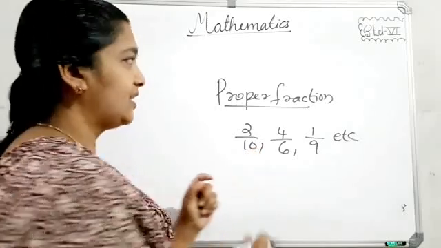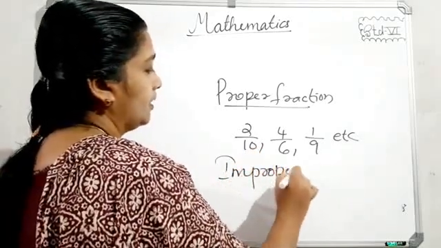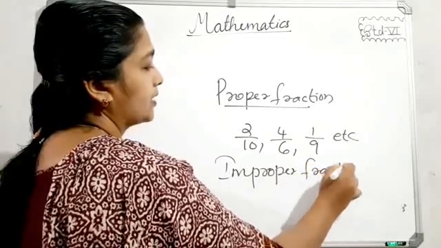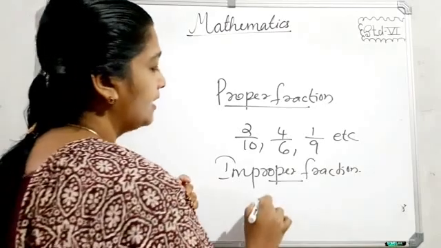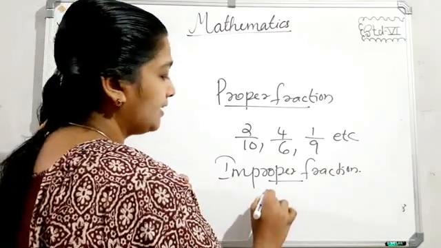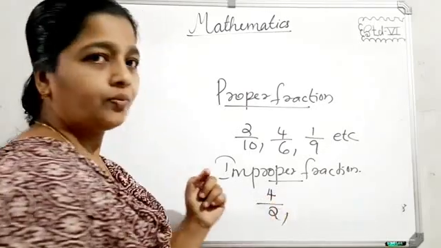Understand? Yes. Next, what is an improper fraction? Anybody can say? Last year we studied, improper means numerator is greater than the denominator. Example, 4 by 2.